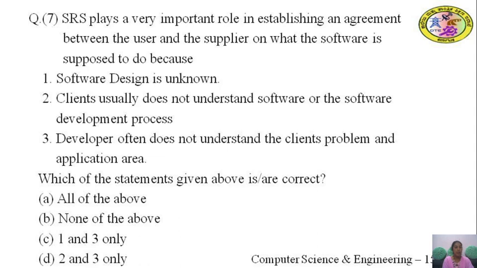Clients usually do not understand software or the software development process. 3. Developer often doesn't understand the client's problem and application area. Which of the statements given above is or are correct? Option A, all of the above. B, none of the above. C, 1 and 3 only. D, 2 and 3 only. What is the correct answer for this question?